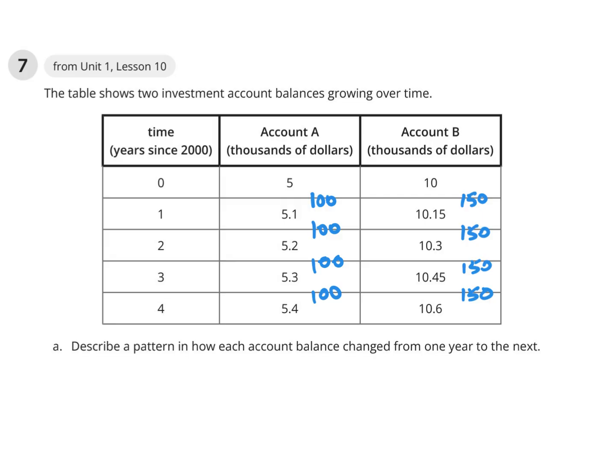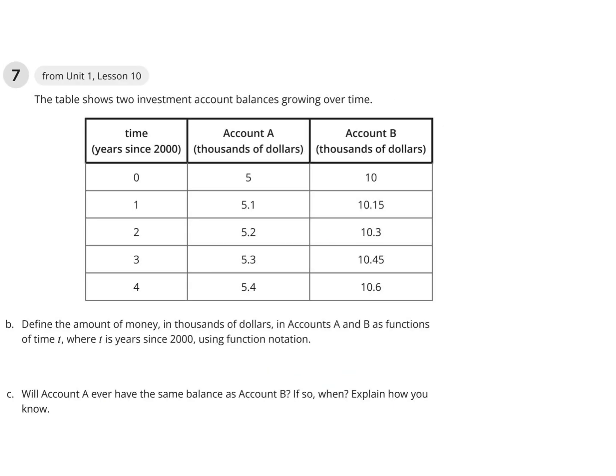Okay, so account A is plus $100 a year. Account B is plus $150 per year. Okay, so now we got to write a function in thousands of dollars. What this means is you don't write 5,000 or 10,000.